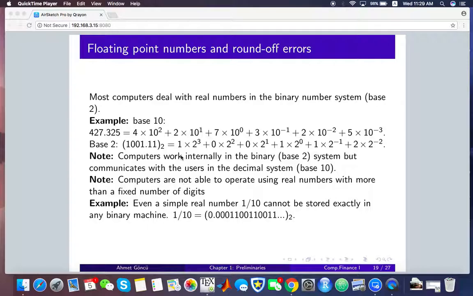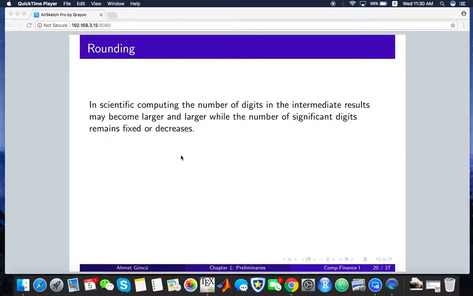So a simple real number, like 1/10, cannot be stored exactly in any binary machine, because it keeps repeating itself and there's no perfect way. Even if you increase the number of digits, you will still have some loss of precision because of the finite storage that we have.